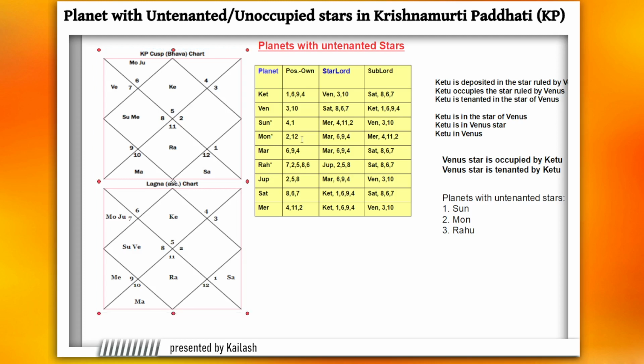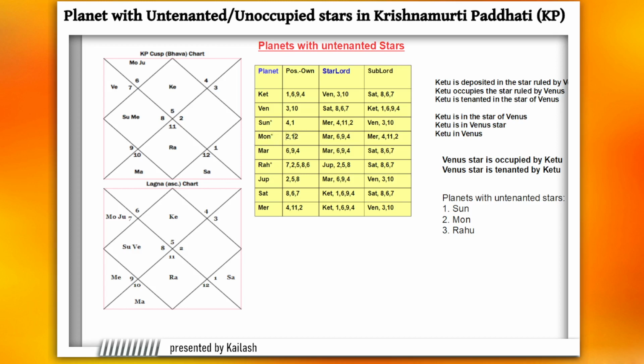So you just write 2 and 12, and then you look at the star lord of the moon, that's Mars, and then the sublord, and this is how you create the whole signification numbers for the moon. But since the moon's star is unoccupied, the house number 12, which is empty, takes on a very special strength in terms of how moon is representing it.